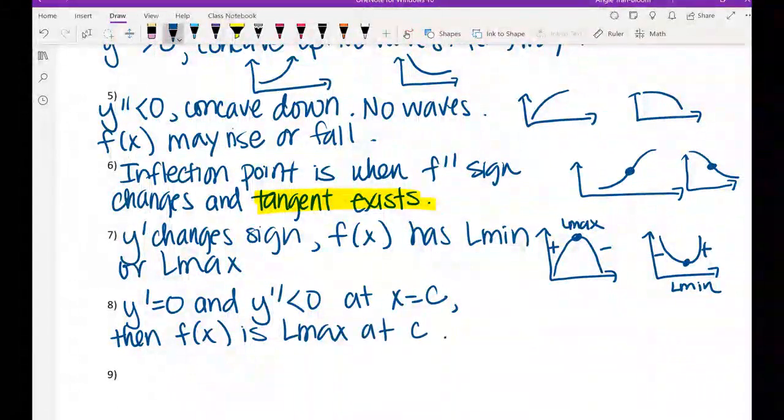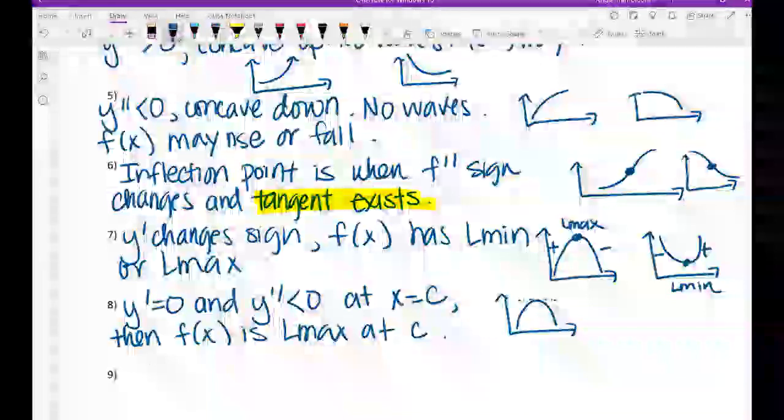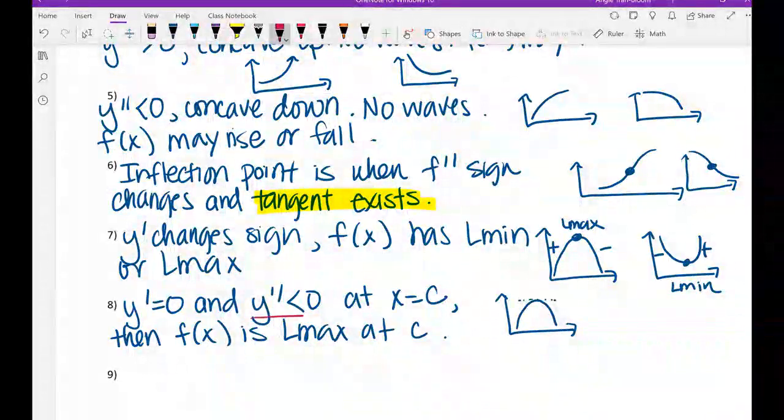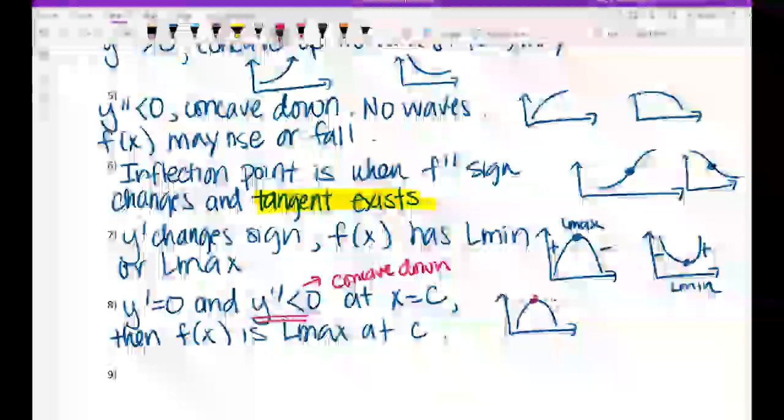So y prime equals 0 means you have a horizontal tangent, and the double derivative talks about concavity downward. If it's concave down, then obviously this will be a local max.